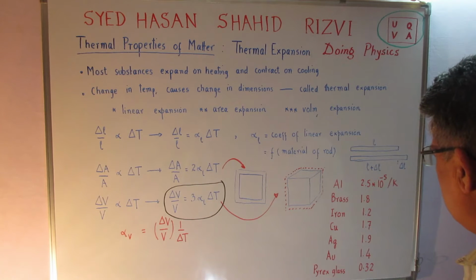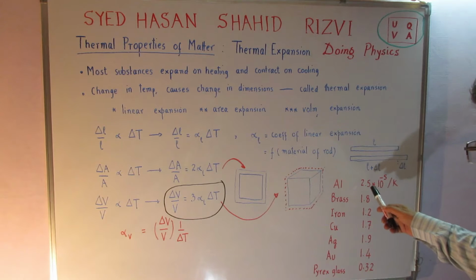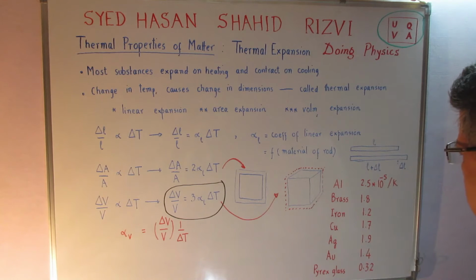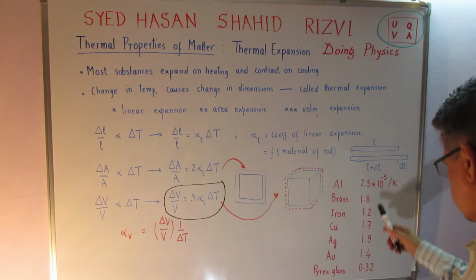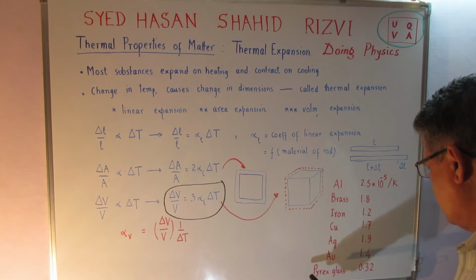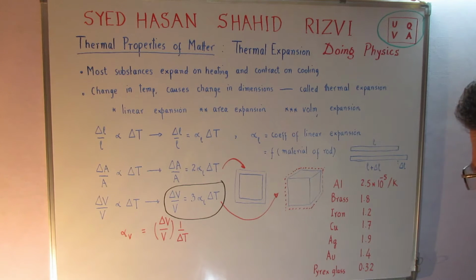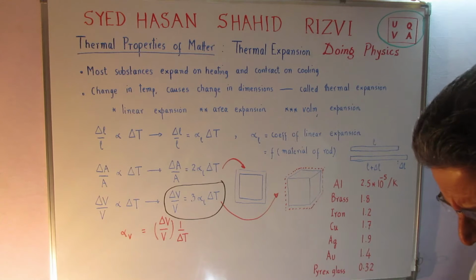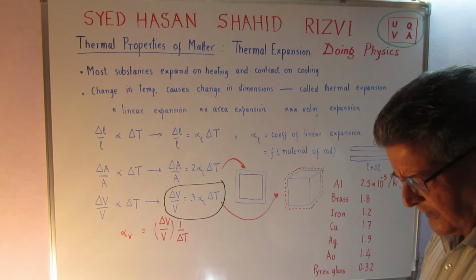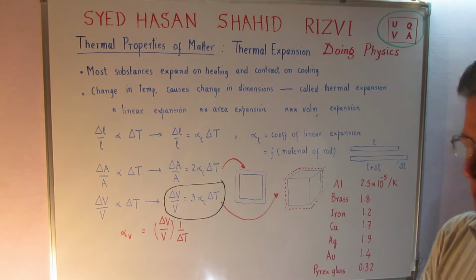You can see that the expansion is large for metals and alloys, and in all these cases, but for the pyrex glass it is manifold less. Also in the case of lead, the alpha value is even less than 0.32.